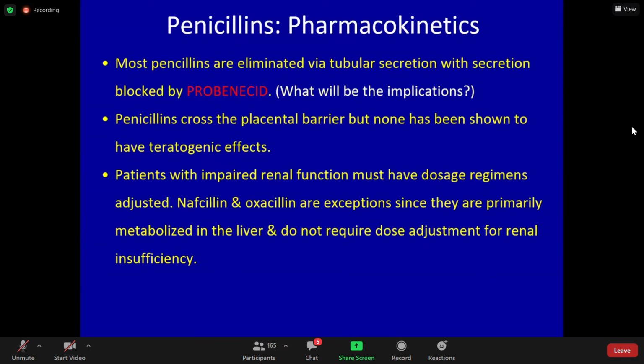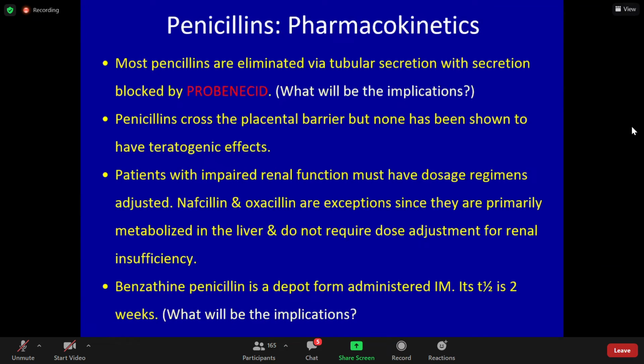But eventually, they are excreted through the GIT. So the kidney does not play an important role in the overall excretion of the drug. In that case, even these drugs, nafcillin and oxacillin, can be given without any fear in patients with renal failure. Is that clear?